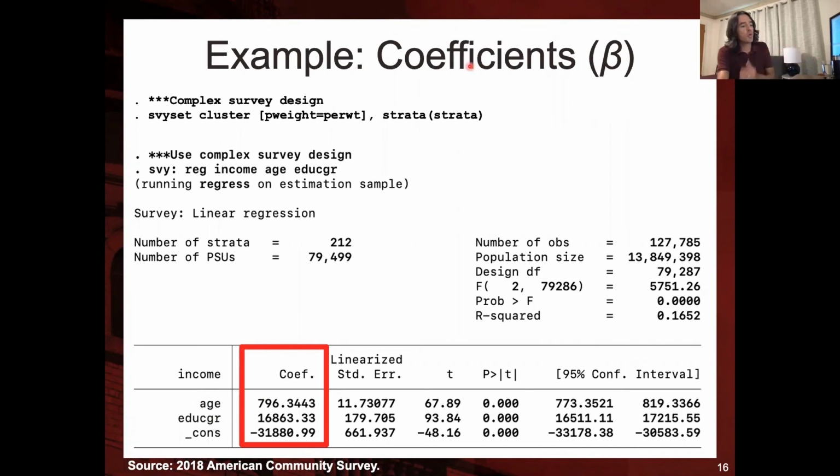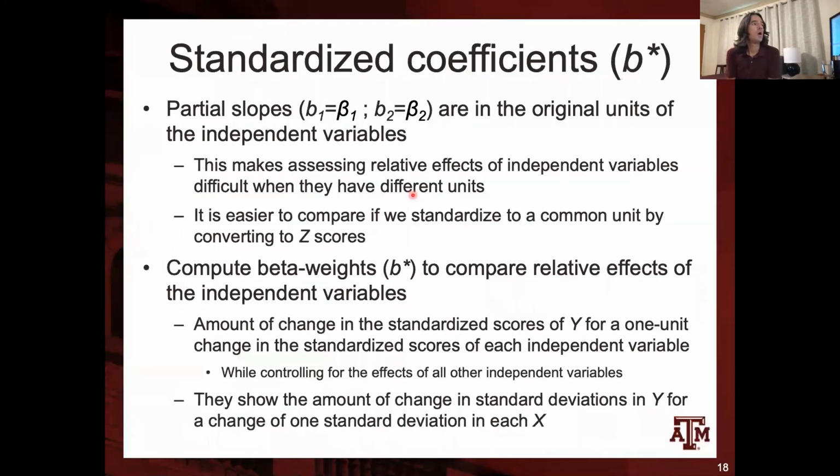So let's talk more to understand the rest of the regression. We can also estimate what are called the standardized coefficients, and they are symbolized by B asterisk or B star. The partial slopes, beta 1 and beta 2, the ones that we just estimated in that regression, are in the original units of the independent variables.